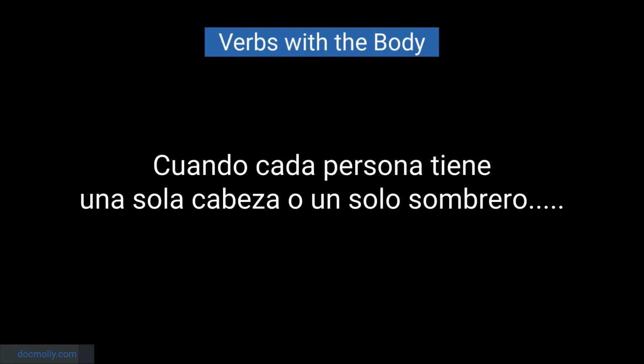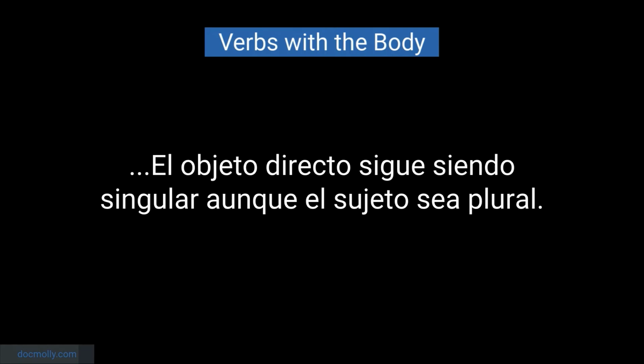In Spanish, when each person only possesses one of a particular body part or article of clothing, we express that noun as singular. I wash their faces. Les lavo la cara.